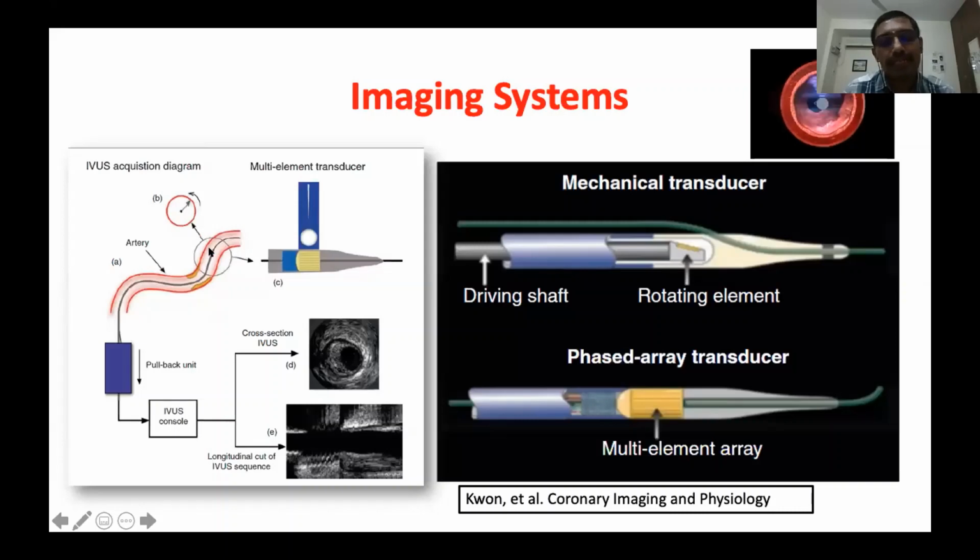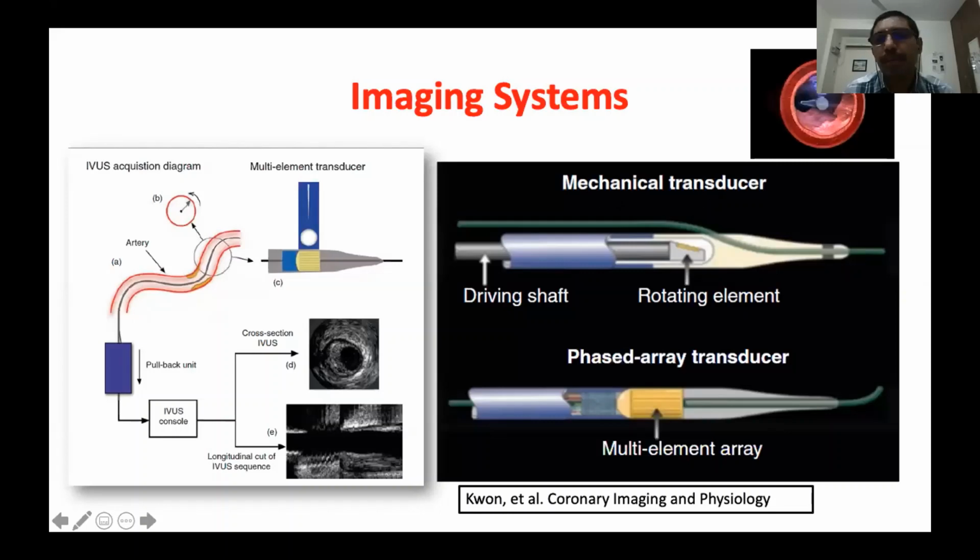The transducer has piezoelectric crystals. With this electrical stimulation, these crystals produce ultrasound waves, which get reflected from the tissue interfaces. A part of it is collected by the transducer, and again stimulates the piezoelectric crystals, which convert it back into electrical signals. These electrical signals are received by the IVUS console, which decodes them into tomographic cross-sectional images.